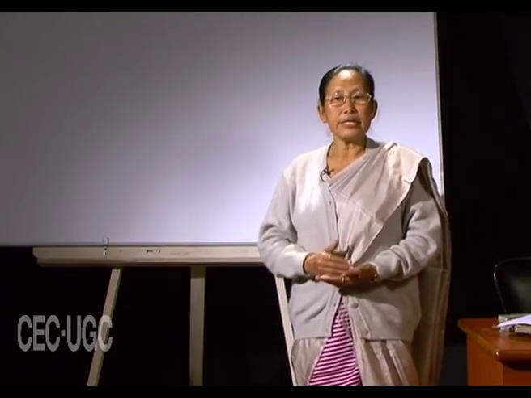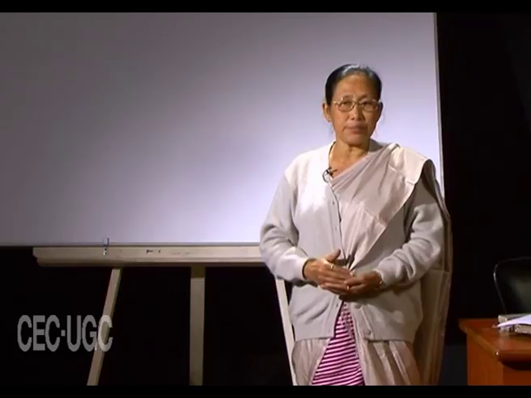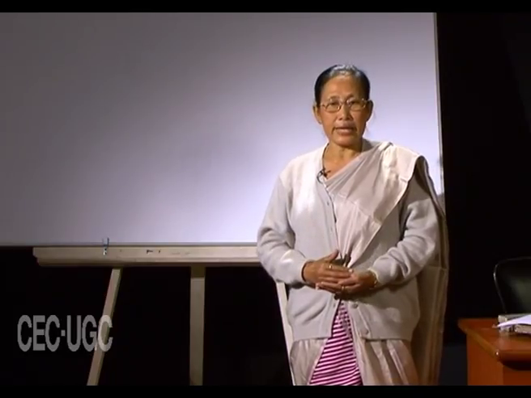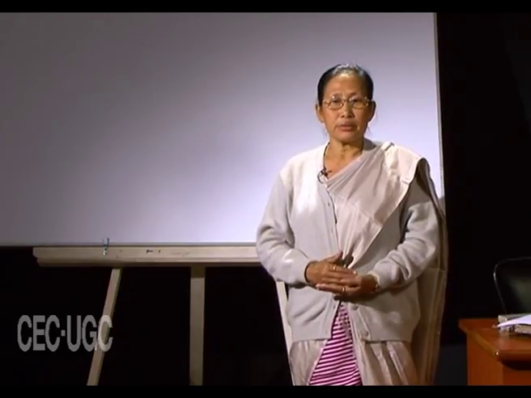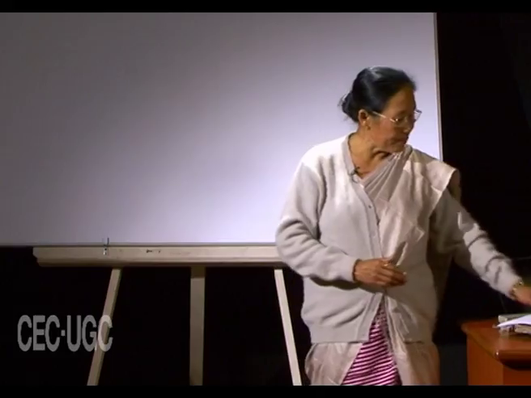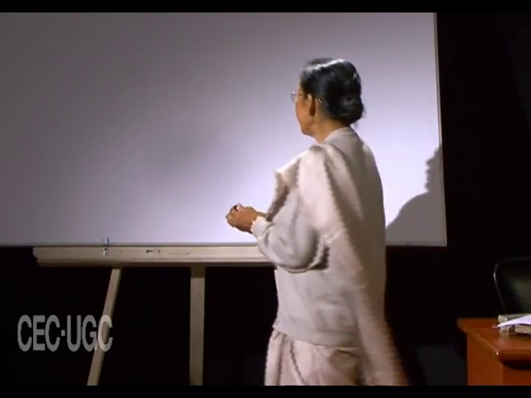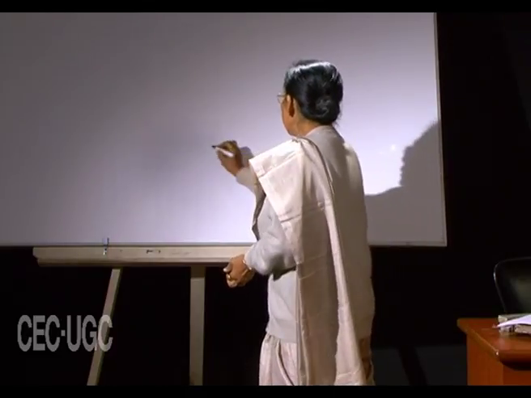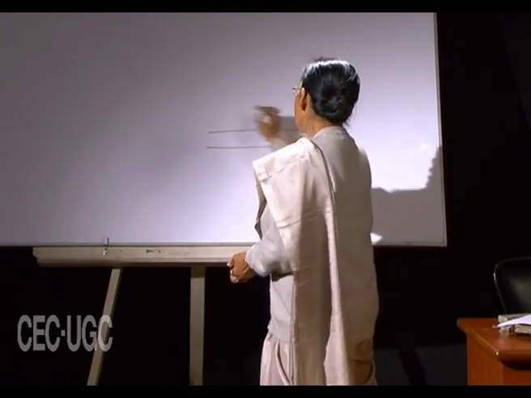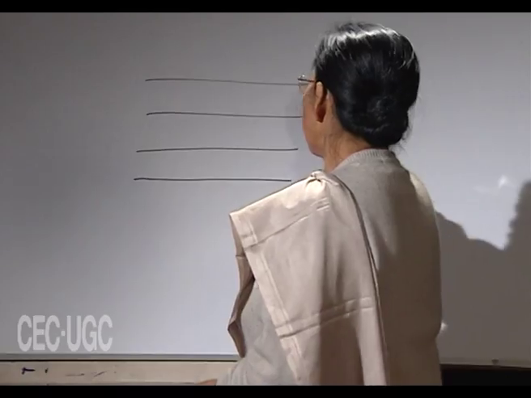That is, through relative dating, it is known that culture A is older than culture B, but how old A and B are, or how much later B is than A in terms of number of years, is unknown. Say, for example, there is a stratified site, and here we find a number of strata.